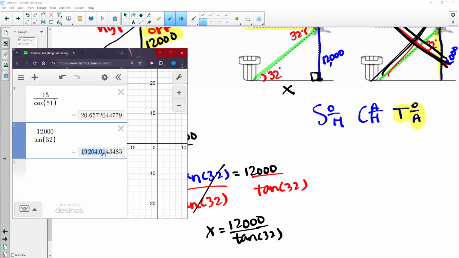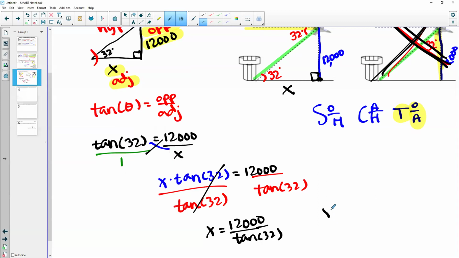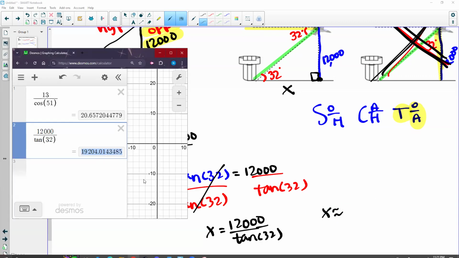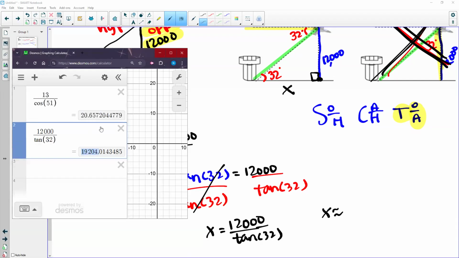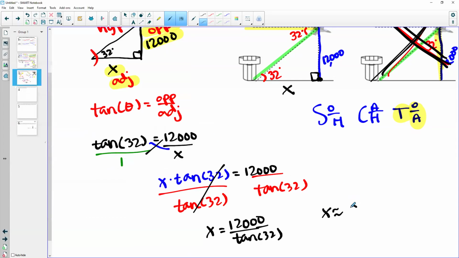It's going to stay as 0.01. So x is approximately 19,204.01. So that is our answer for x, approximately that amount.